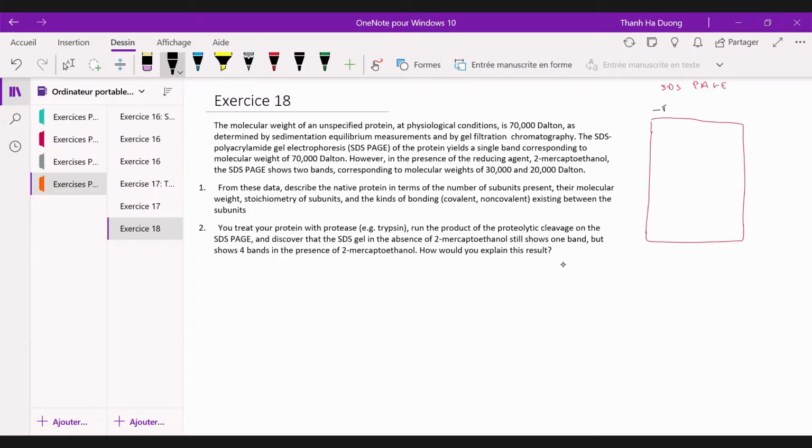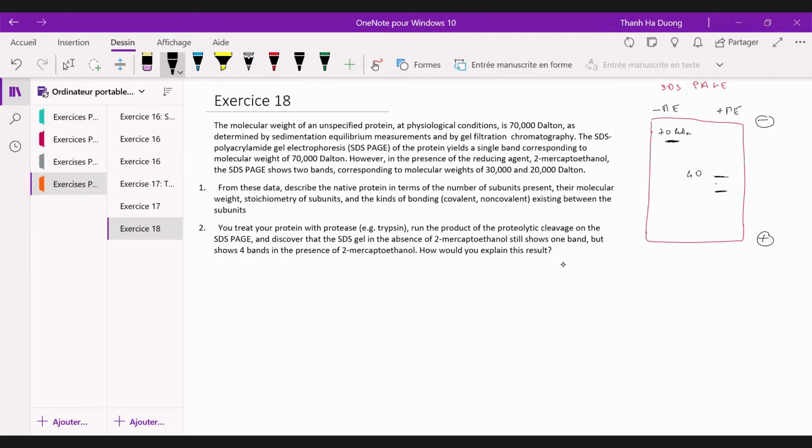without mercaptoethanol and with mercaptoethanol, you have the negatively charged electrode, the positively charged electrode. So without mercaptoethanol, you have one band at 70 kilodalton, and with the mercaptoethanol, you have two bands.